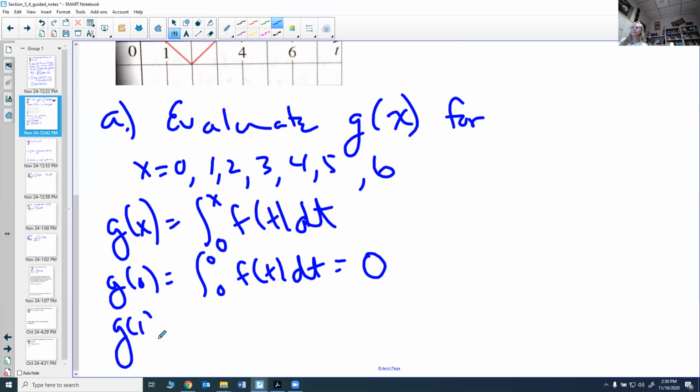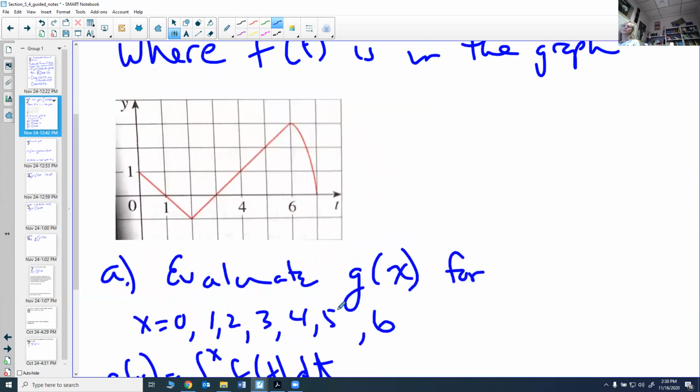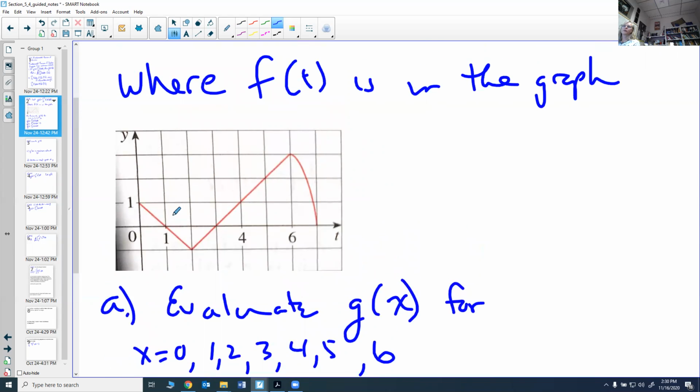G of 1 would be the integral from 0 to 1 of f of t dt. So all we do is find out what that integral is. Remember, this is f, this function. So from 0 to 1, remember, integrals are areas under the curve. So from 0 to 1 is this area right here of this function, of this graph.